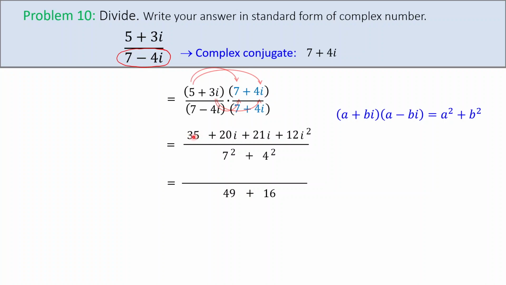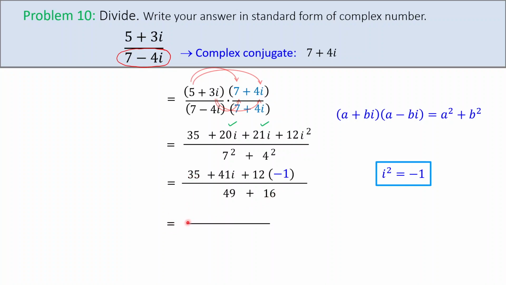Now here 35, you can combine this and this. 20i, 21i. Both are positive. Add these two, you get 41i plus 12. This i squared, you need to put negative 1, equal to 35.